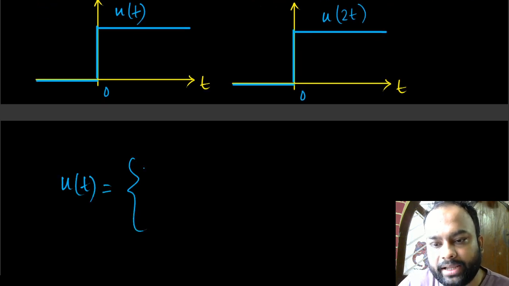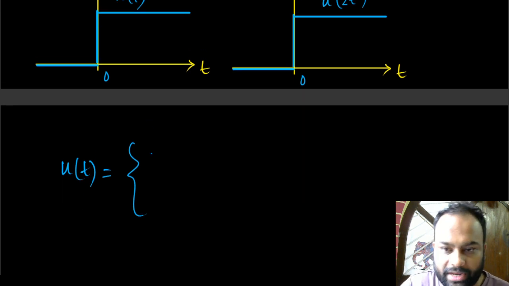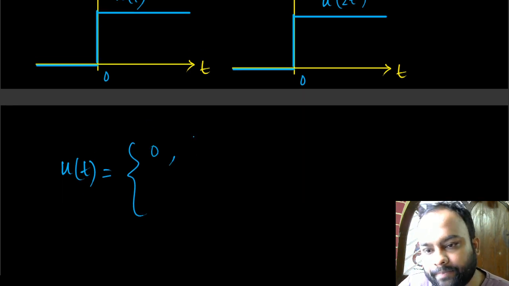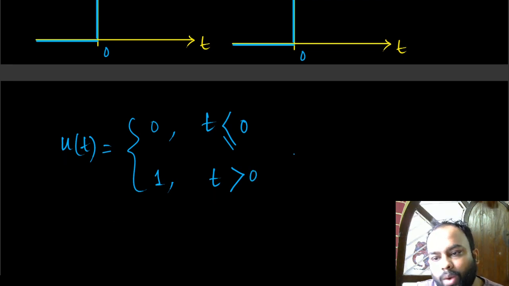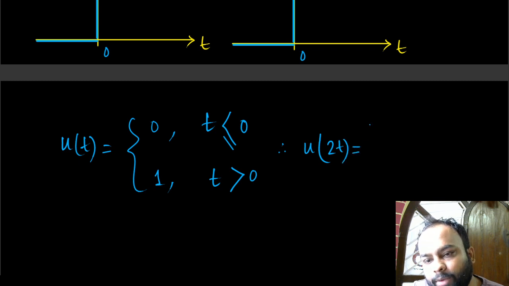Ut is defined in this way, at least for our definition. It is 0 as long as t is less than or equal to 0, and it is 1 as long as t is greater than 0, right? Then what is u of 2t? U of 2t would be defined in this way.